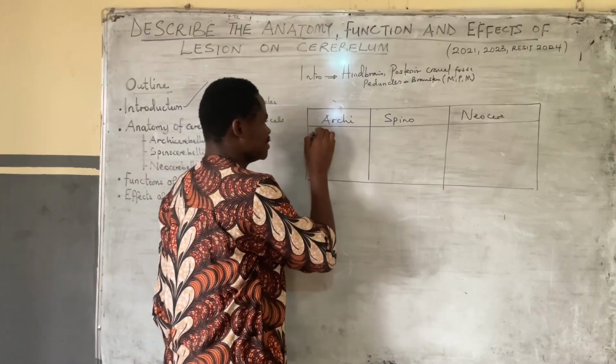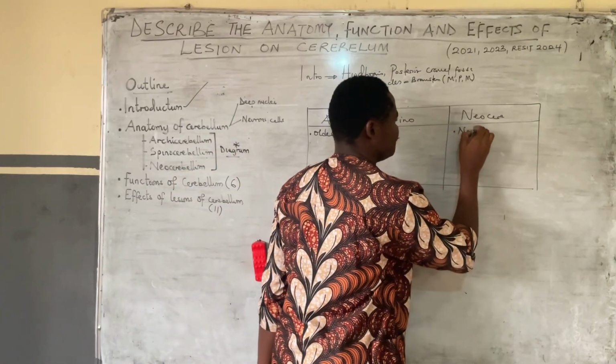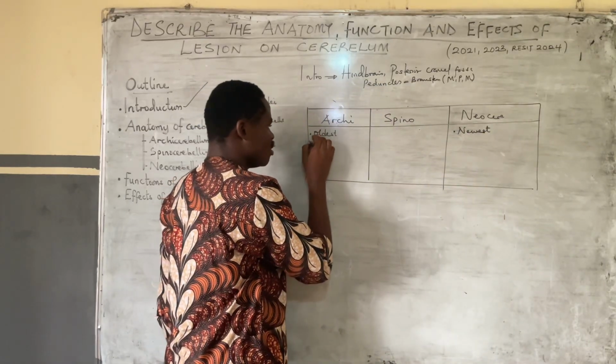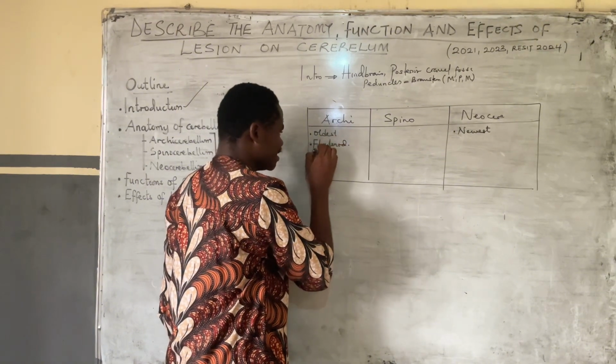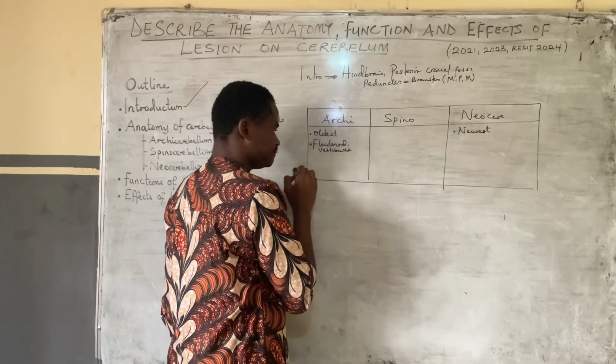Archicerebellum happens to be the oldest. Neocerebellum happens to be the newest. That's the first characteristic. Archicerebellum was also called the flocculonodular, or some others say the vestibulocerebellar.